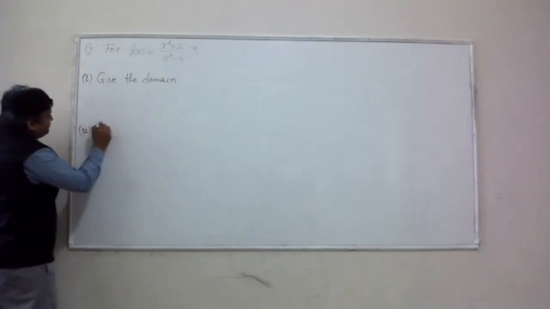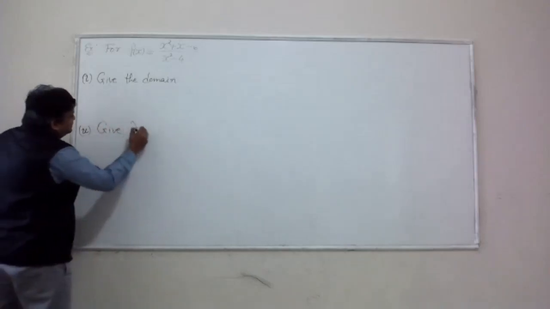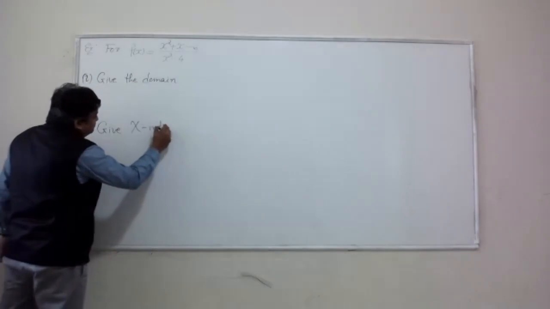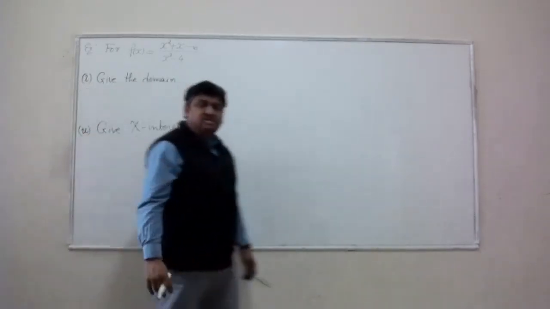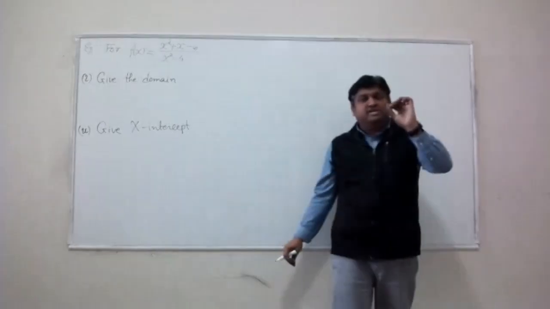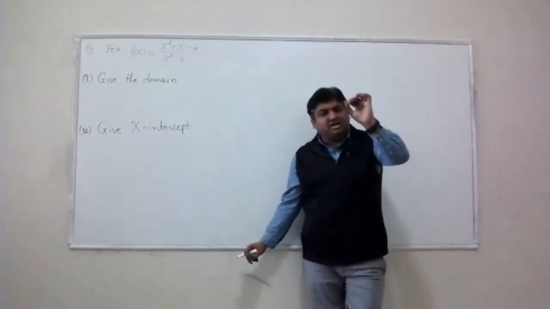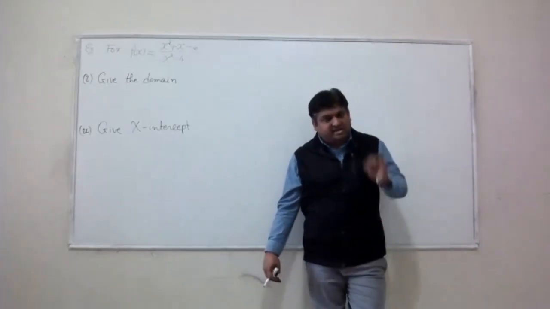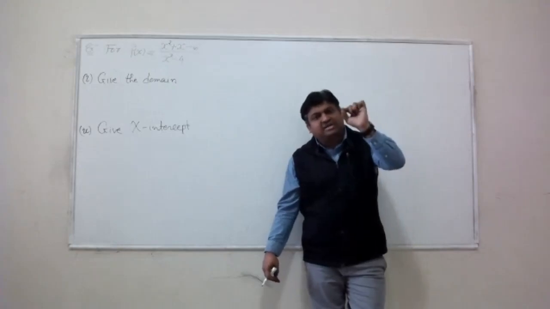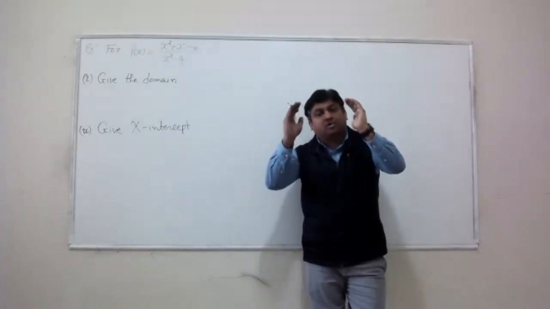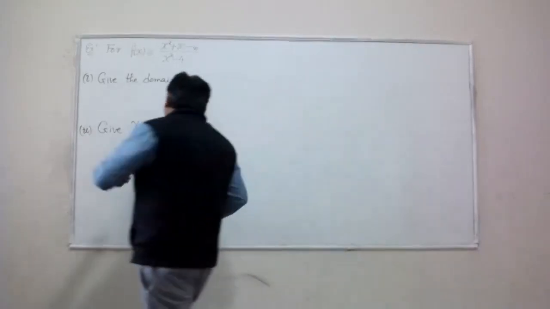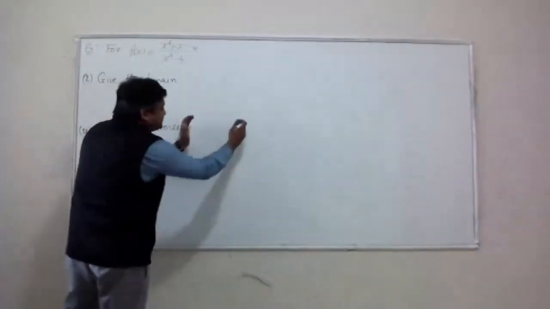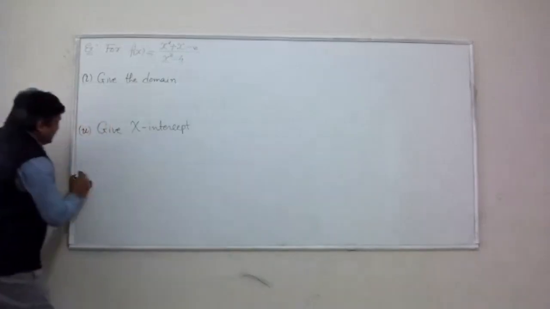Question number 2, give x-intercept. Now let me make it very clear that when I say x-intercept, this is a word that is being used for the point on the graph of the function. When I say graph of the function, every single point will have two components, x component and y component, right? So x-intercept will be in the form x comma y.